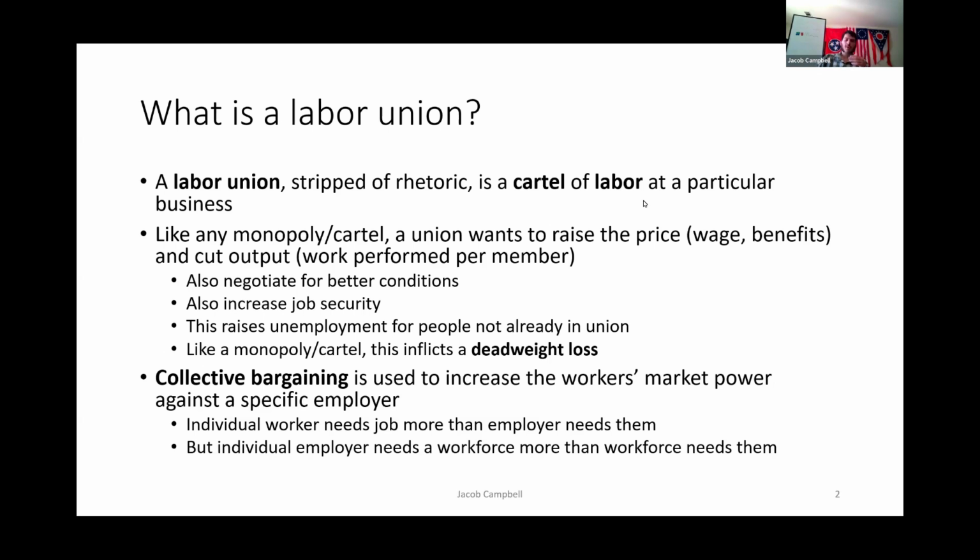See, if you're an employer and you are thinking about expanding your workforce, one of the questions you're going to ask yourself is, how hard is it going to be to get rid of these people if I don't need them any longer? What if this worker turns out to be bad? What if this worker is unreliable?